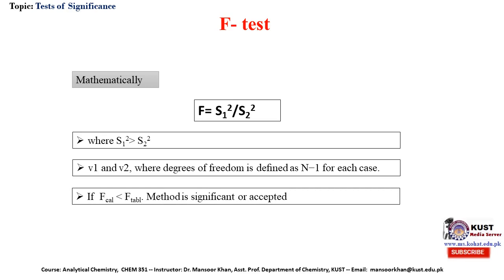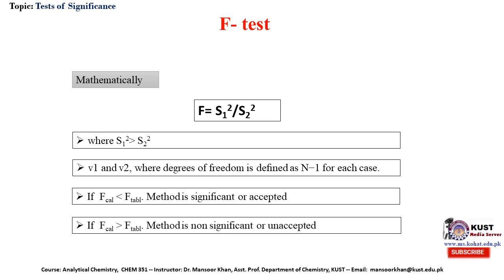So if F calculated from the above equation is less than F tabulated, which is present in the table, then the method will be significant, or the method will be accepted. But if F calculated is greater than F tabulated, the method will be non-significant or unaccepted.